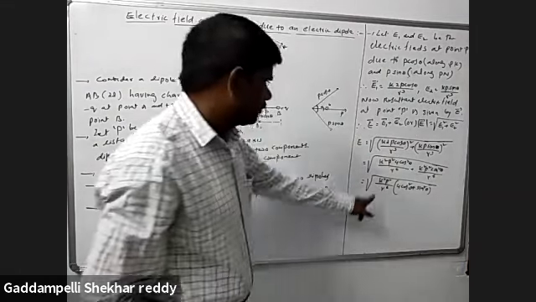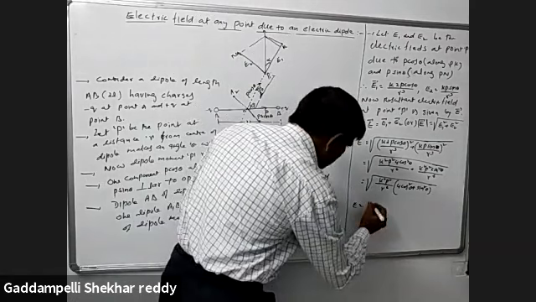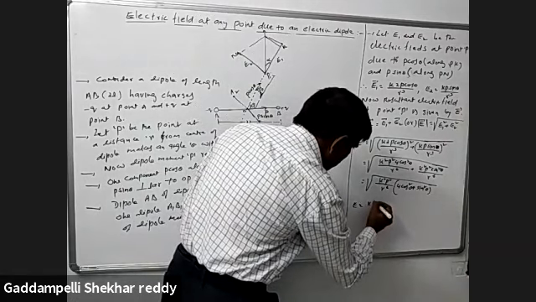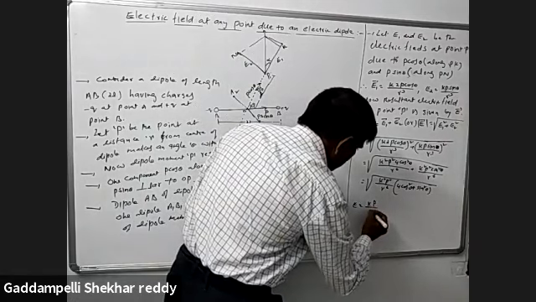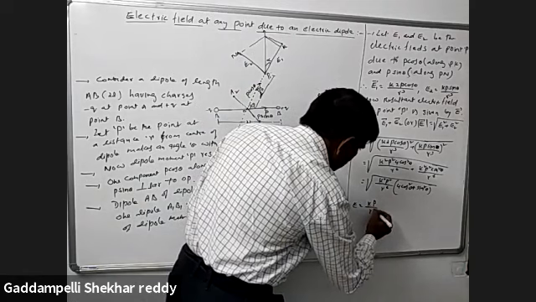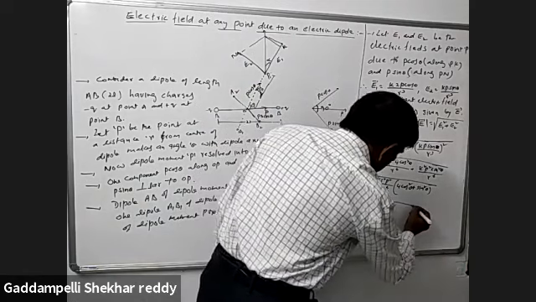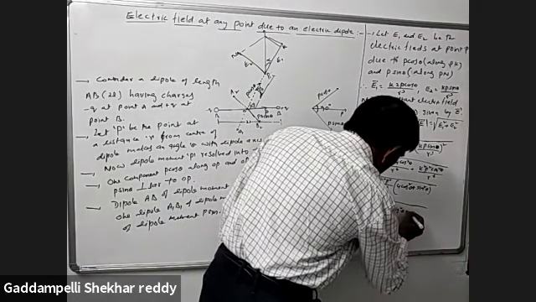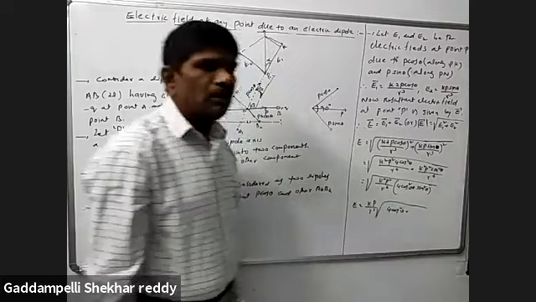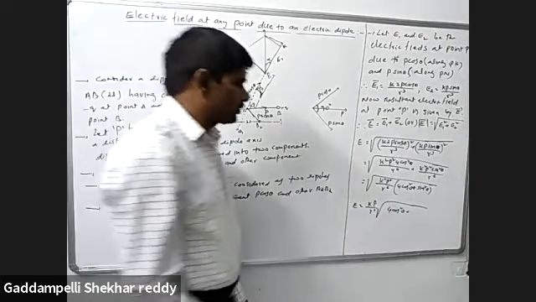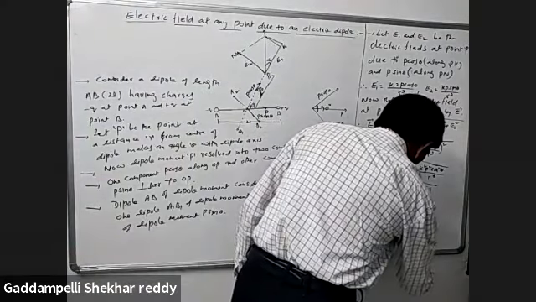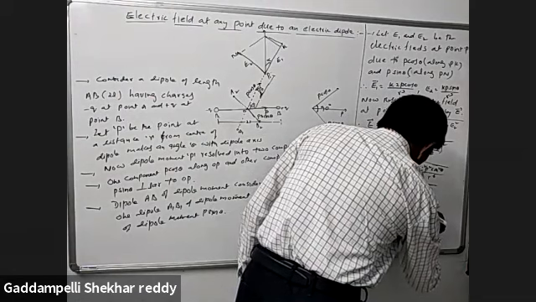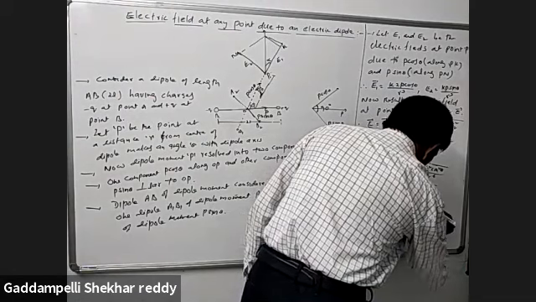Taking the root, K comes out, P comes out, and R power 6 becomes R power 3. For sin square theta we write 1 minus cos square theta.